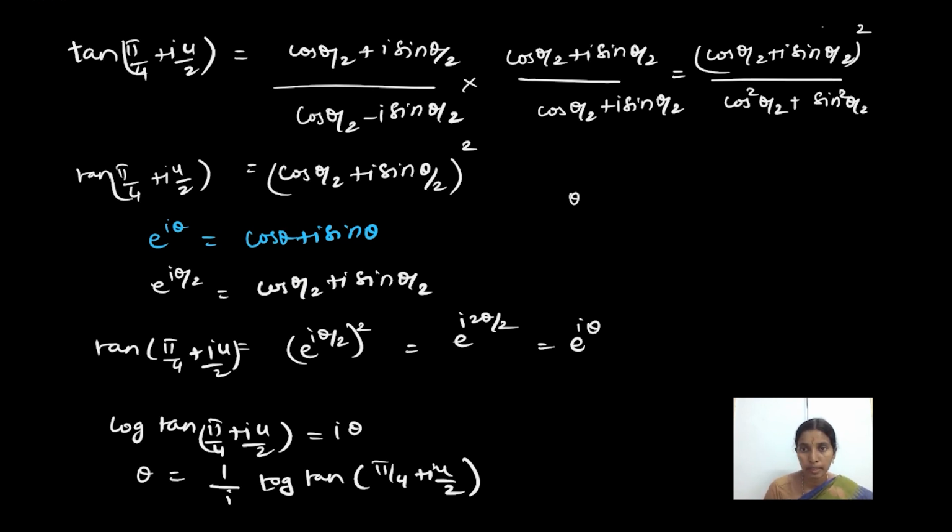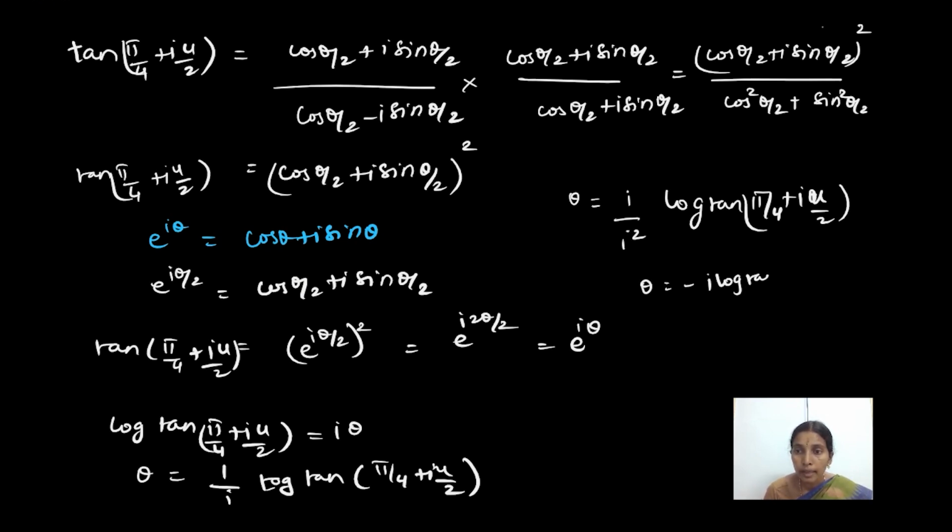Multiply and divide by i: theta equals i by i square log tan of pi by 4 plus i u by 2. So theta equals minus i log tan of pi by 4 plus i u by 2.